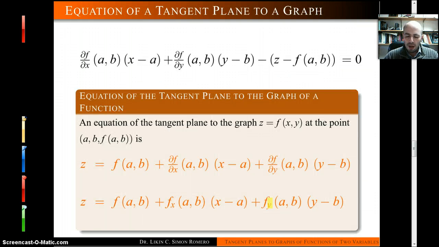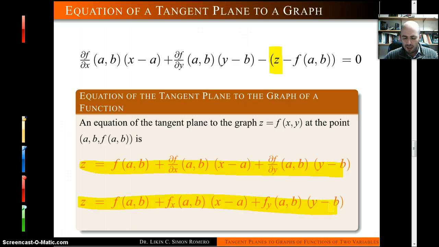So here is the formula. One particular expression of this equation that is going to be useful is when you solve for z. When you solve for z, the thing that you obtain is this equation that we have right here.